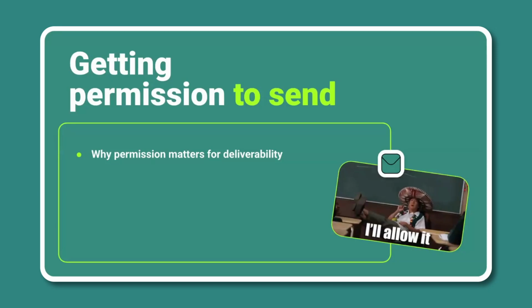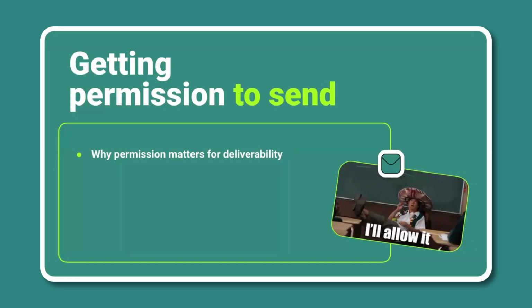One thing you need to remember here is that permission is the foundation of email deliverability. Without it, you will very likely see higher complaints, lower user engagement, and there's also a chance for your domain to get blacklisted at, for example, Spamhaus, which is the worst thing that can happen to you as a sender.